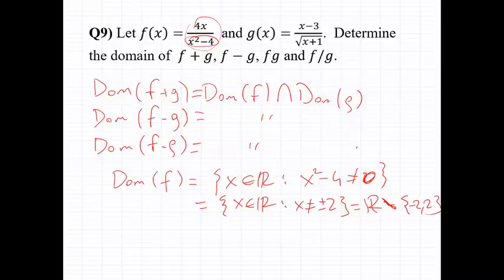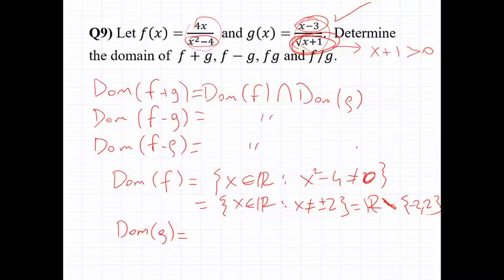Okay, then the domain of g is, when you look at here, this part has no problem, but this part here has a problem. The square root cannot be negative, and it cannot be equal to 0 because 0 makes the denominator 0, which makes the function undefined.